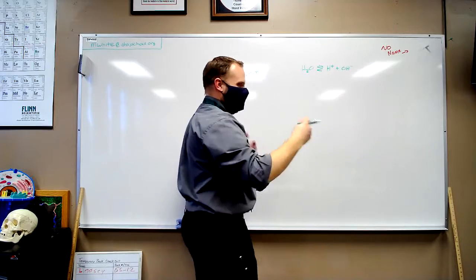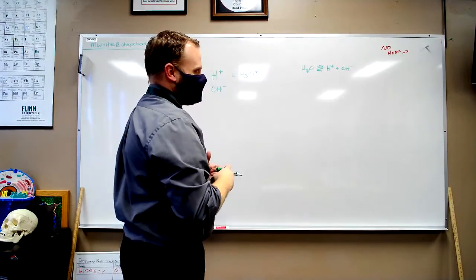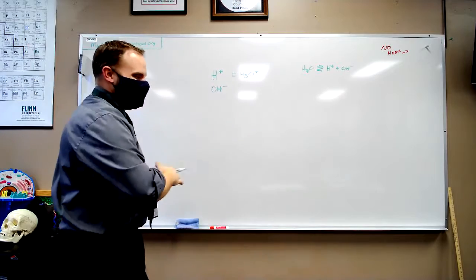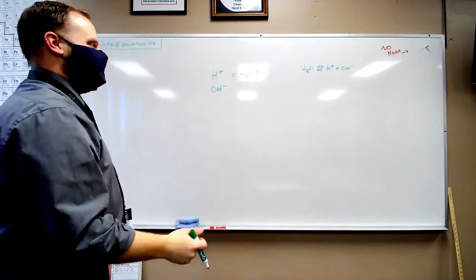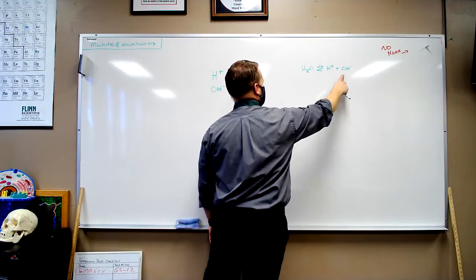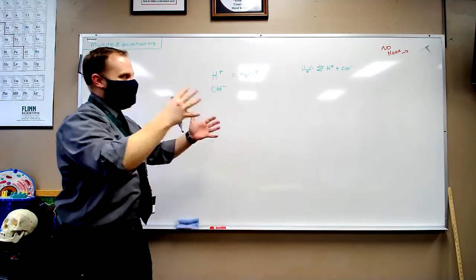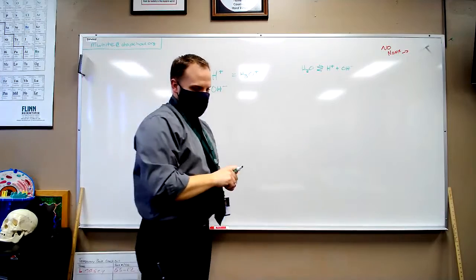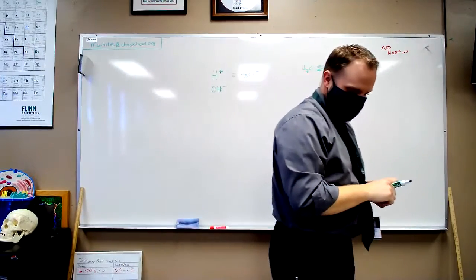So we're never going to have more of one than the other. And that's why pure water we consider to be neutral. It's not an acid, it's not a base, because anytime it breaks apart, we get one of each, and so neither one is going to have more than the other.